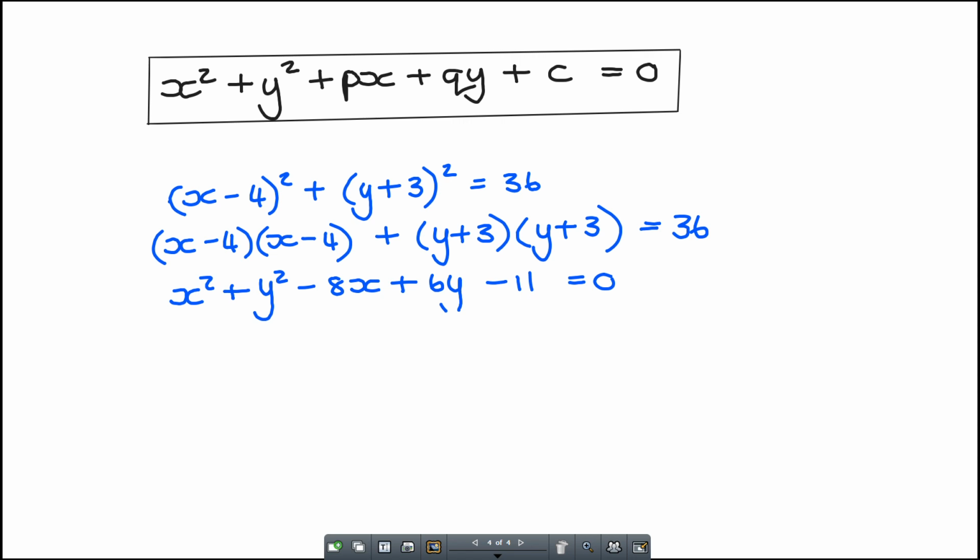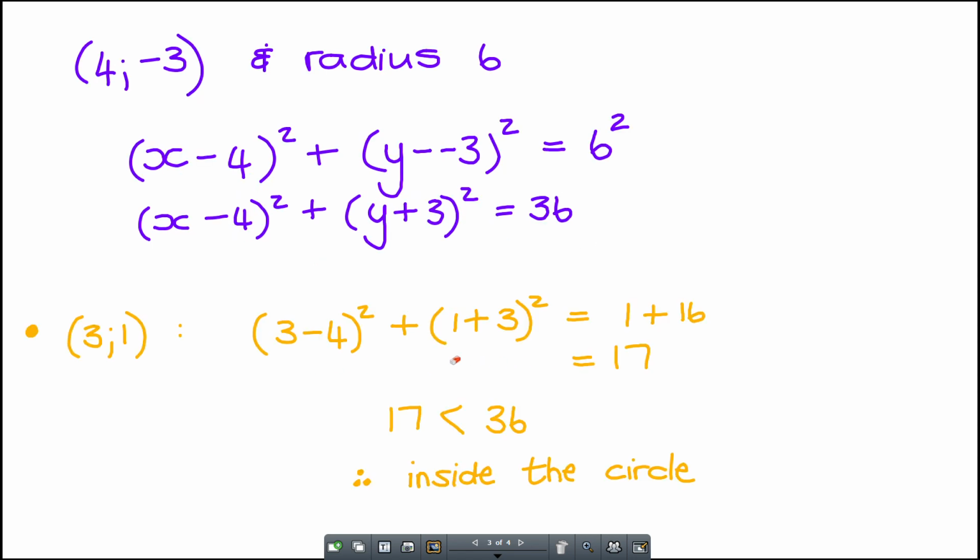Did you guys do that last year? Completing the square? No. Okay, so we complete the square and then we work it back to the equation looking like over here, the way we actually want it, because then it's much easier to read off what the midpoint would be of the circle and obviously what the radius is.